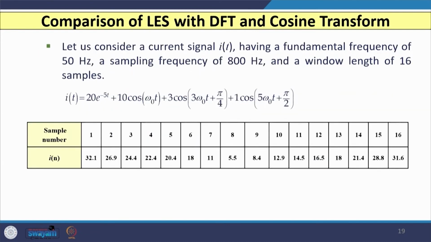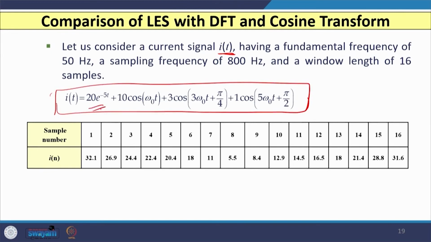Now, to compare the performance of this LES technique with DFT and cosine transform, let us consider a current signal I(t), which is given by this equation. This equation contains a DC term, the fundamental component, the third harmonic as well as the fifth harmonic, and this current signal is acquired with a sampling frequency of 800 hertz, having fundamental frequency 50 hertz.